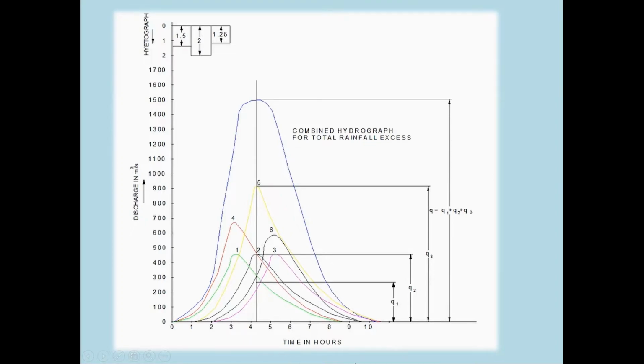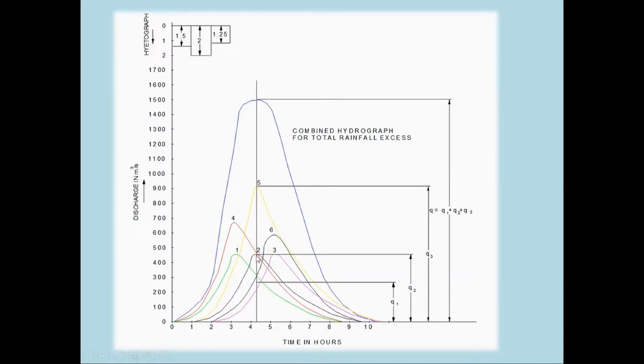So graph 1 will be increased, all the ordinates will be increased by 1.5 times. So I get graph number 4. But the base period remains the same. Now 1 was for the first hour rain unit hydrograph, 4 is 1.5 times bigger.